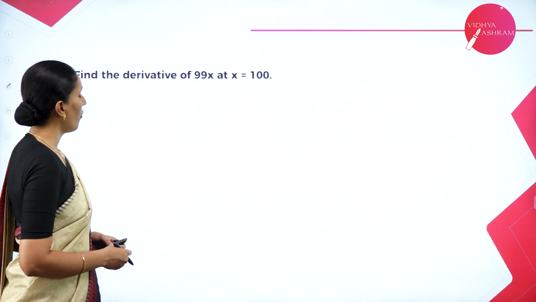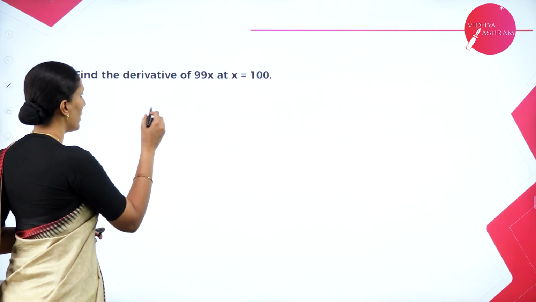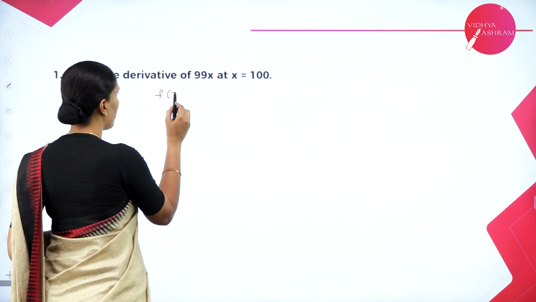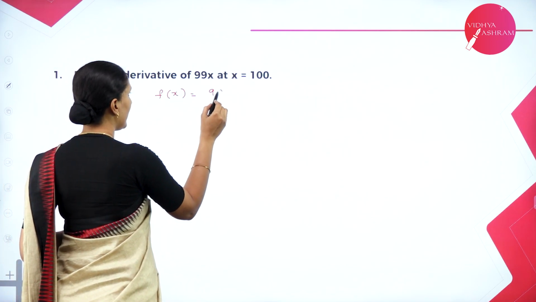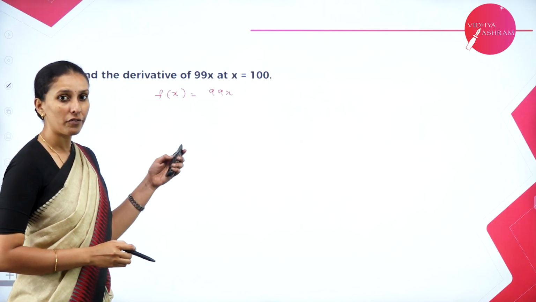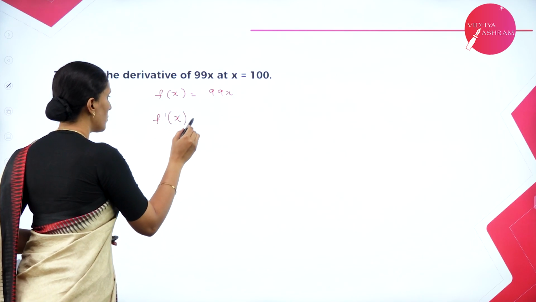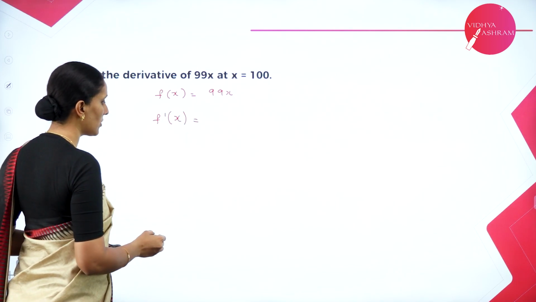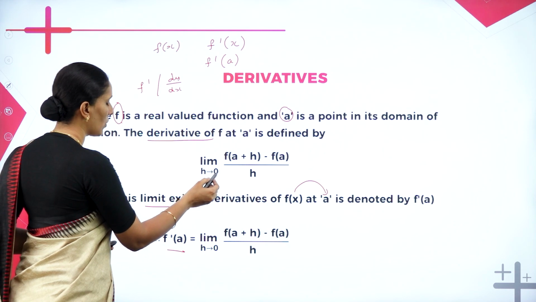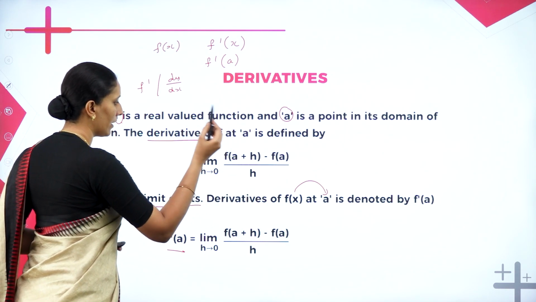Find the derivative of 99x at x is equal to 100. So first we will write our function f of x is equal to 99x. Now I need to find out the derivative of this function, that means I need to find out f dash of x. So f dash of x is defined in such a way that limit h close to 0, f of a plus h minus f of a divided by h.